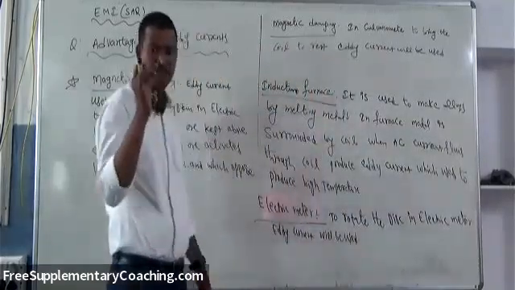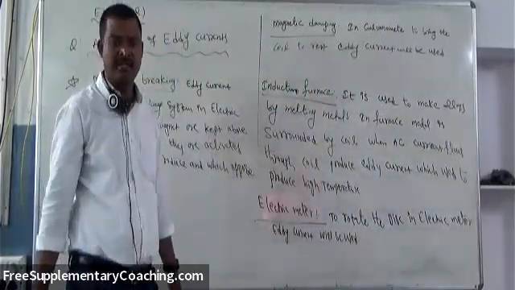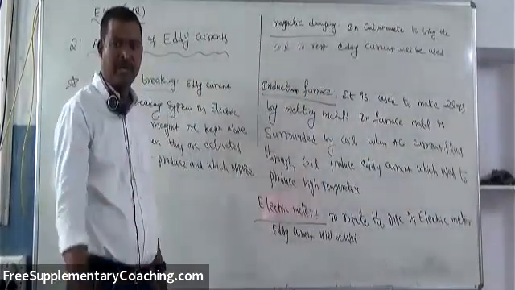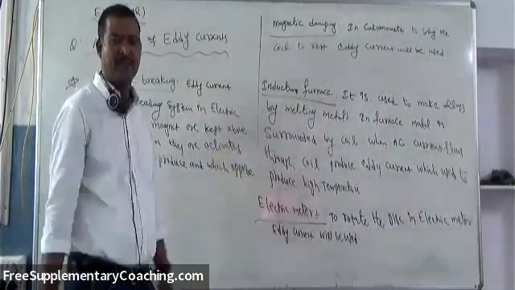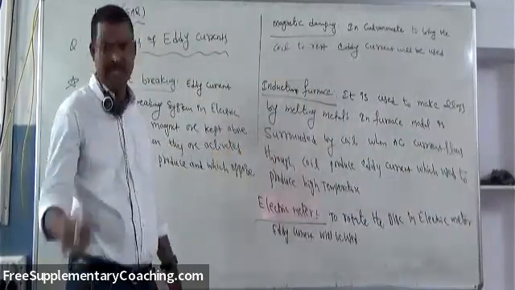When high frequency alternating current passes through the electric meter, eddy current is generated, and that tries to rotate the disc.